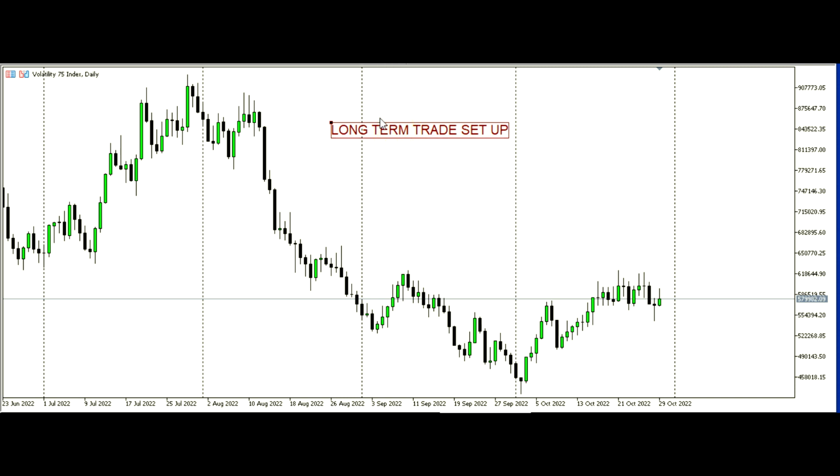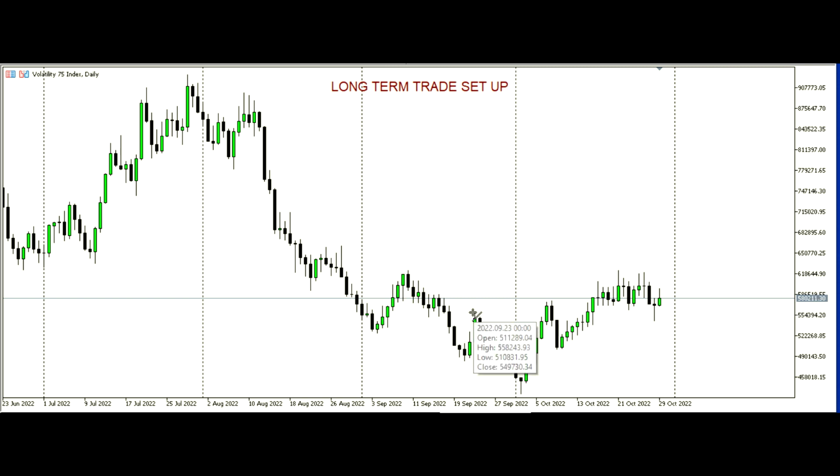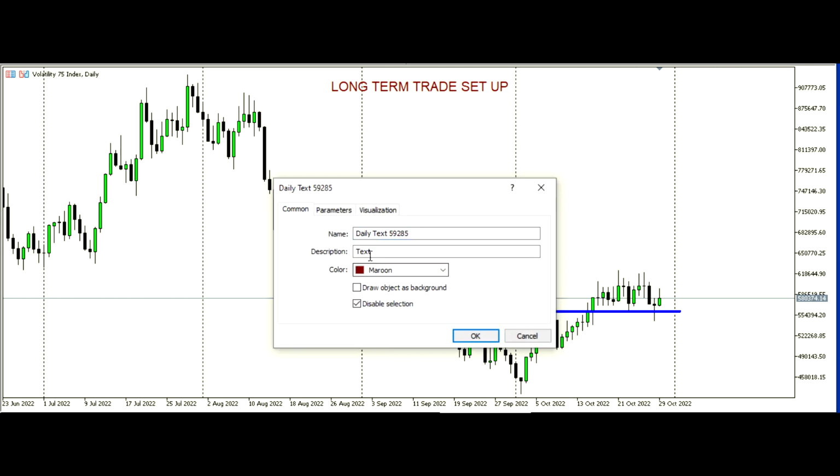For instance, if you give me this chart, what I can quickly do is put annotations on it. So I'm putting annotations on this chart, just a quick one.